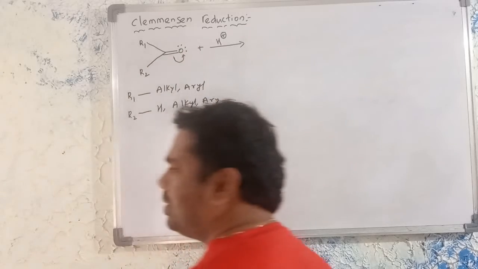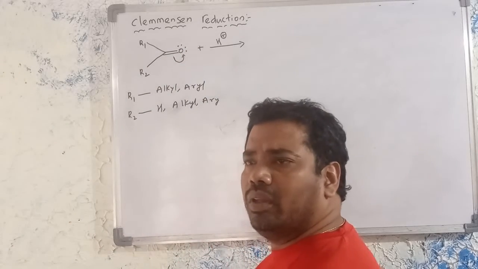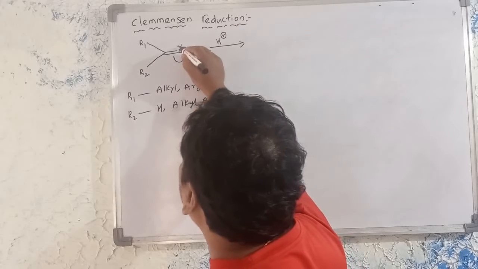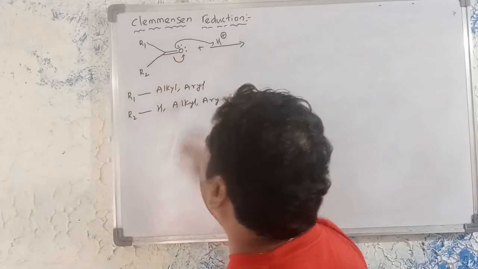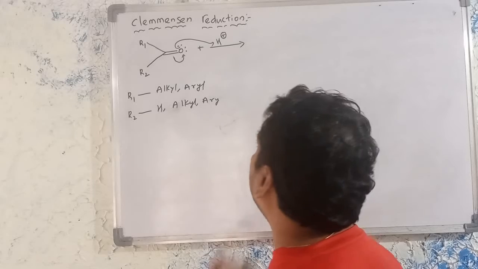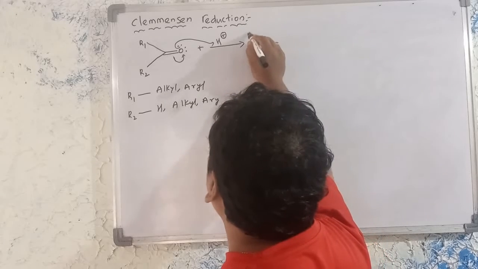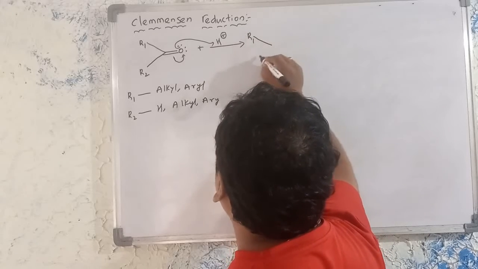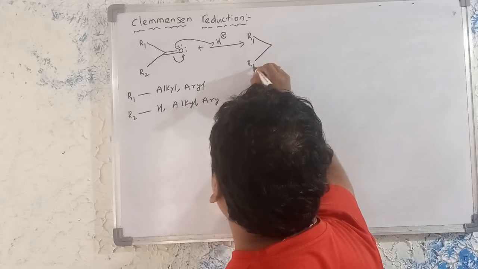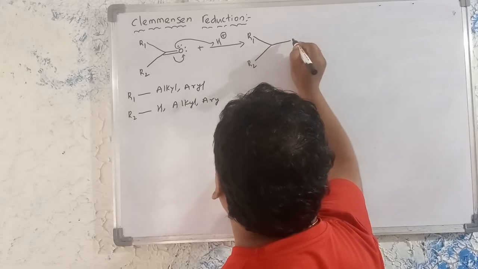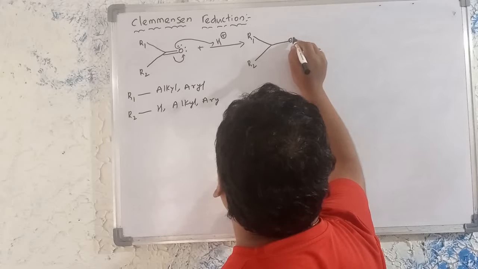The bond migrates towards the oxygen atom, so it donates a pair of electrons to the hydrogen atom and it becomes protonated, R1 R2 OH.